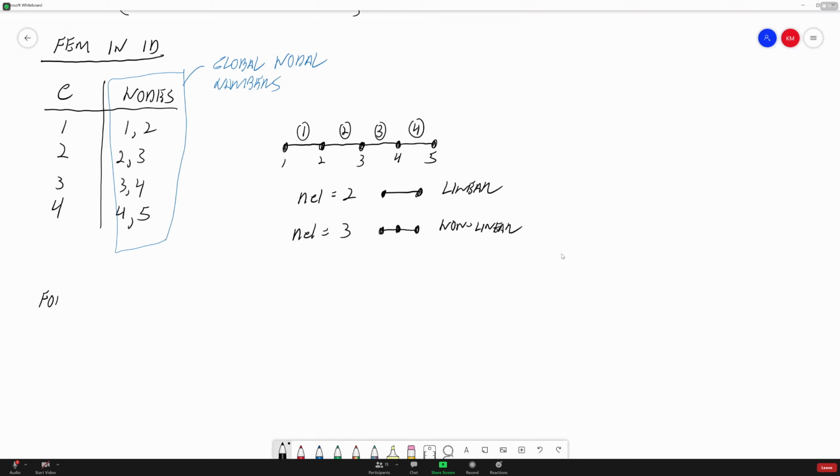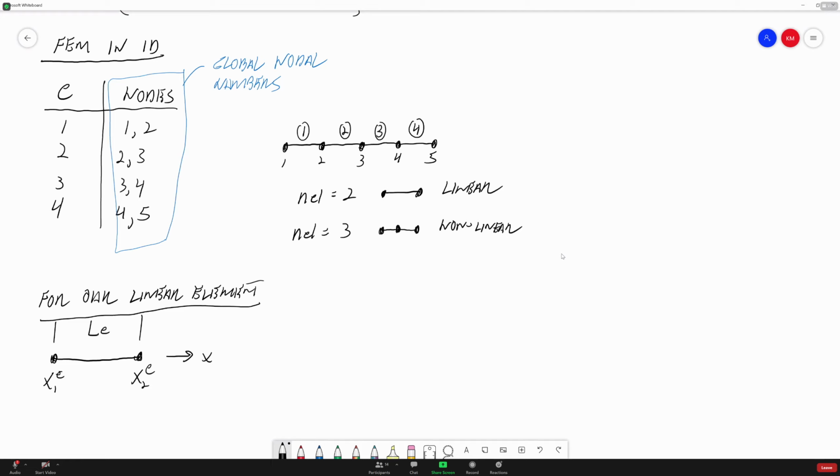And for our linear element, x1 e, x2 e, and x. This is L e, the length of the element.